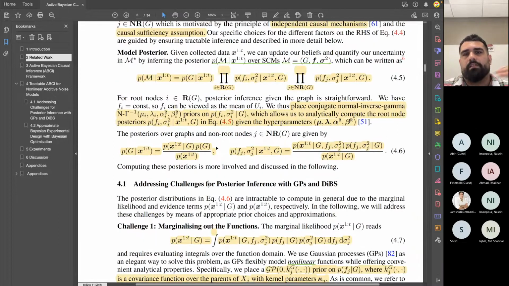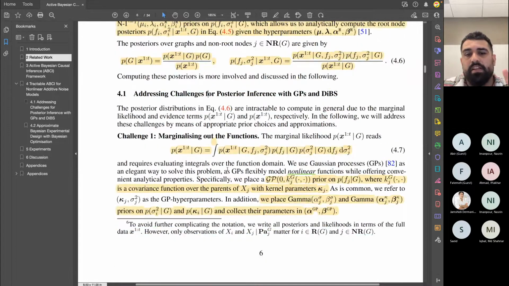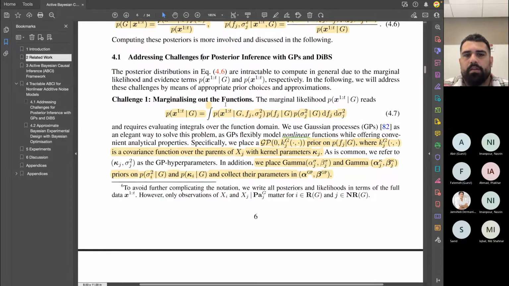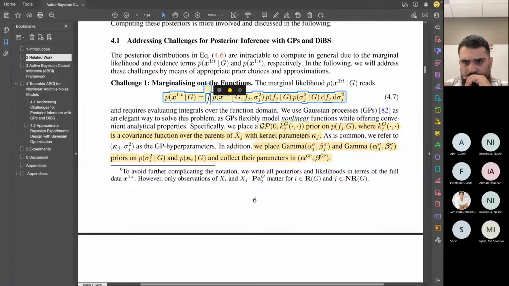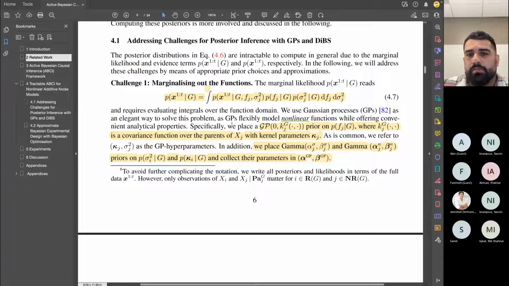After they explain the framework, they talk about three challenges that they overcame in developing it. One challenge is trying to marginalize out the functions. This is the marginal likelihood of the interventional data given the graph, which requires evaluating integrals over the function domain. We're trying to solve this integral, and this is not easy to perform.